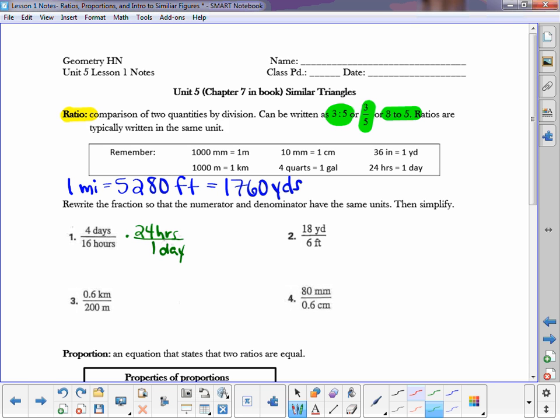So I want to know how many hours are in 1 day. So 24 hours in 1 day, that means I'm going to multiply these together. You don't have to write that out. You could just simply multiply by that 24. But if that helps you to kind of visualize what's happening there, by all means do so.